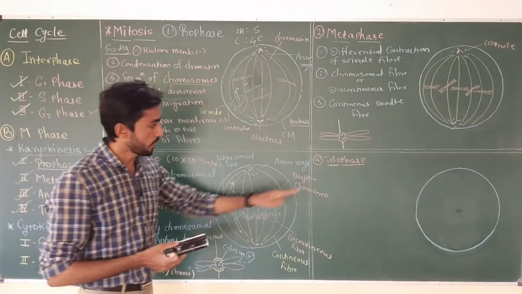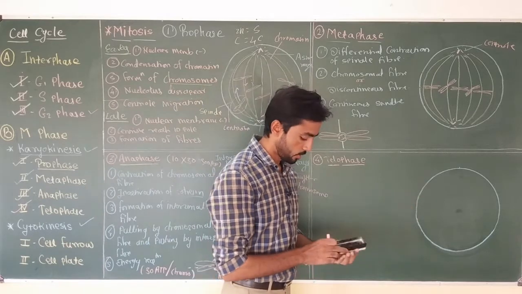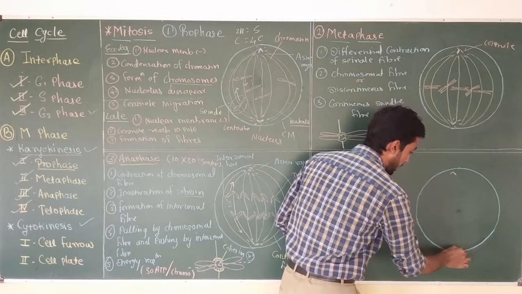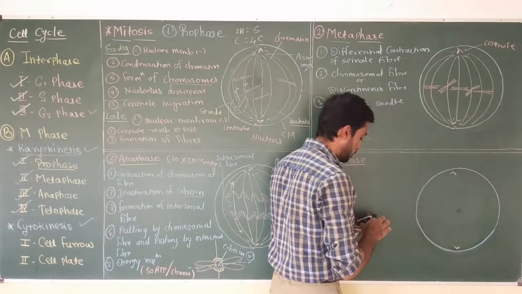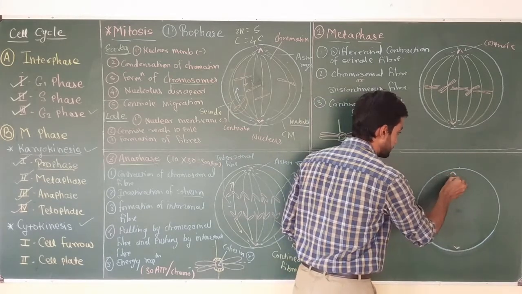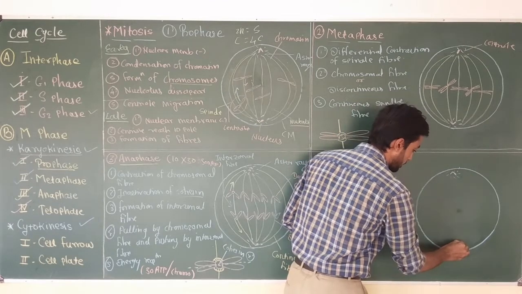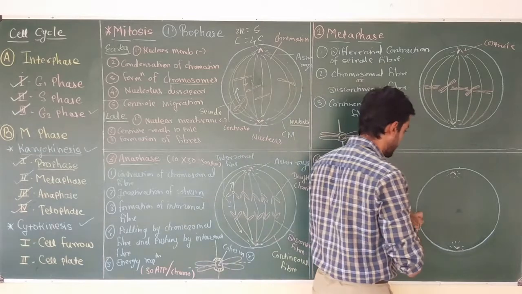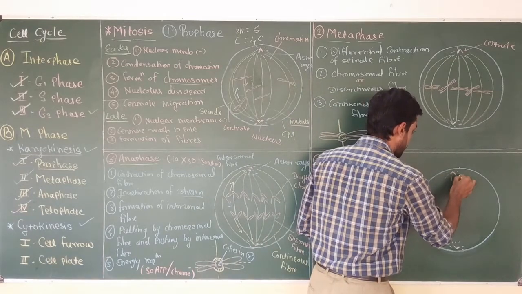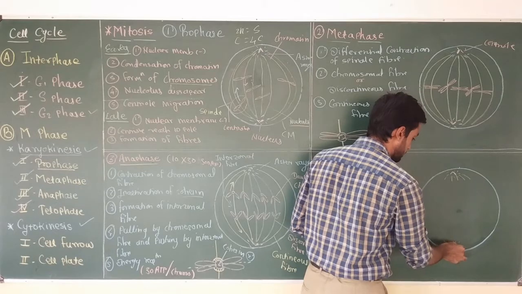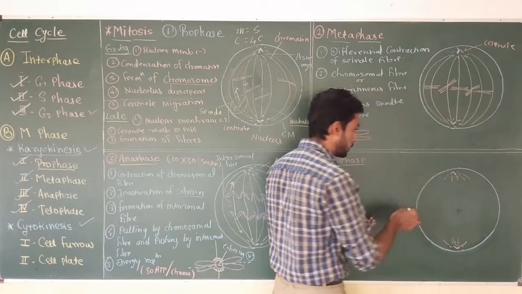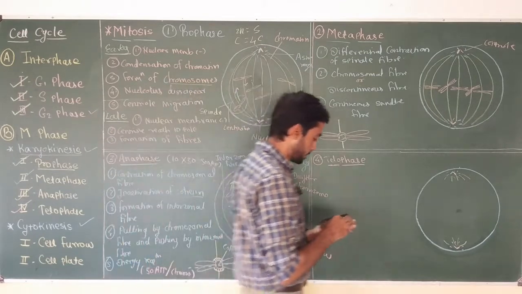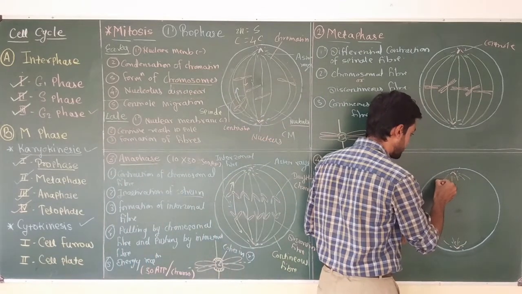poles. So at the start of telophase, you can see something like this: the centriole at both the ends. Centrioles have aster rays, short fibers, and they also have long fibers called spindle fibers. Due to the contraction of the spindle fiber, these chromosomes have already reached the poles.